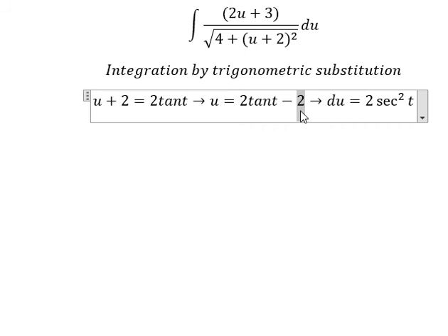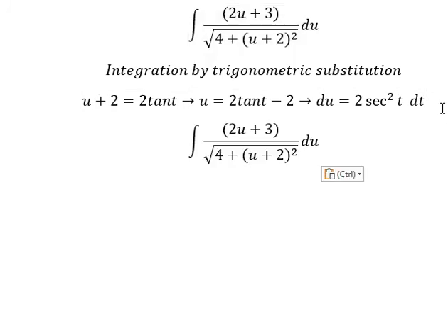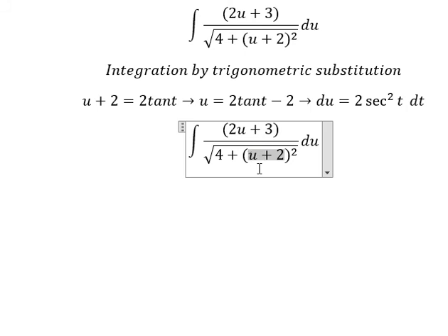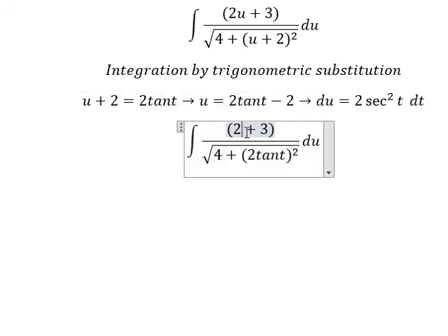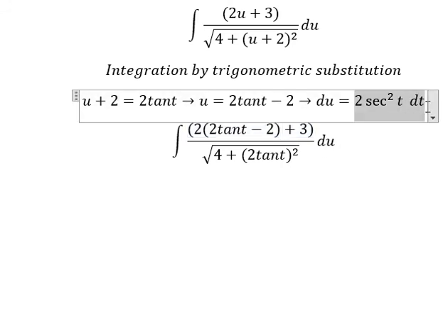This one is a constant, so you get 0. So I will put this one in here. U we change by this one. Du we change by this one.